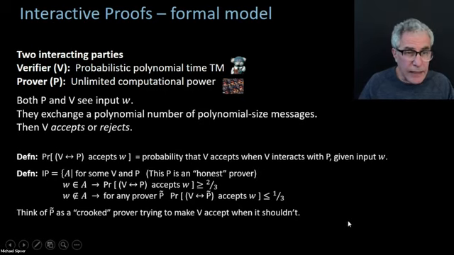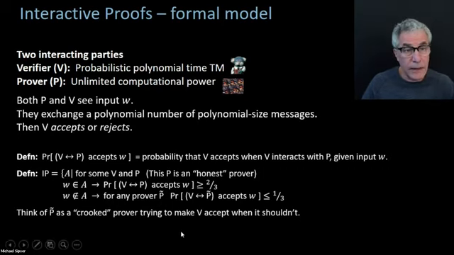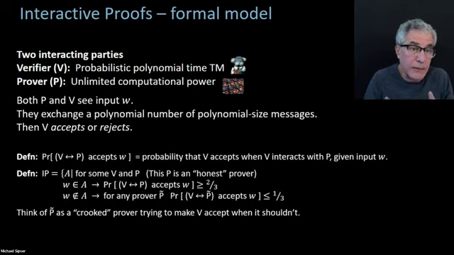Okay, so the way I like to think about it is that P tilde is a possibly crooked prover, which is trying to make the verifier accept when it shouldn't because the string is not in the language. You can think of this in the case of satisfiability. A crooked prover might try to convince the verifier that the formula is satisfiable when it isn't by somehow trying to produce a satisfying assignment, but that's going to be impossible.